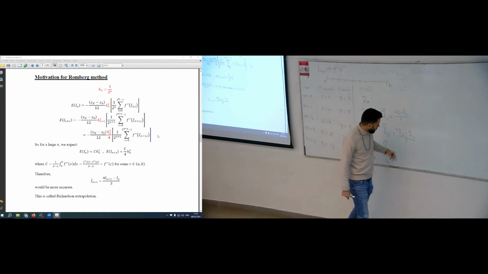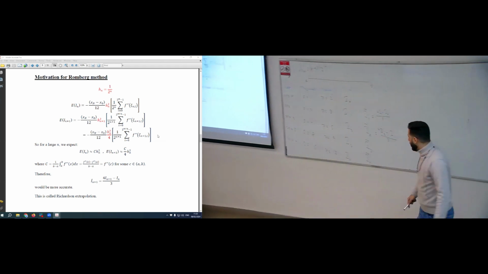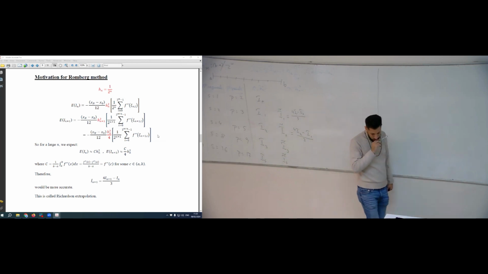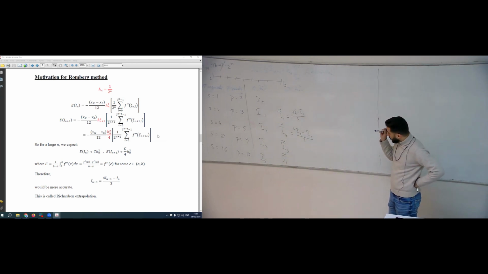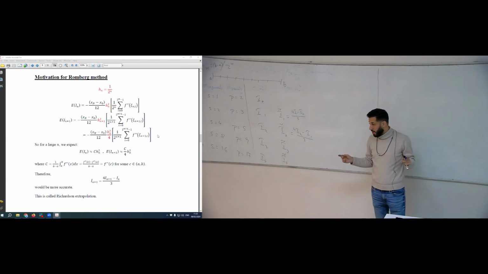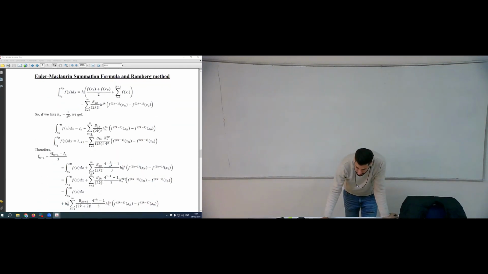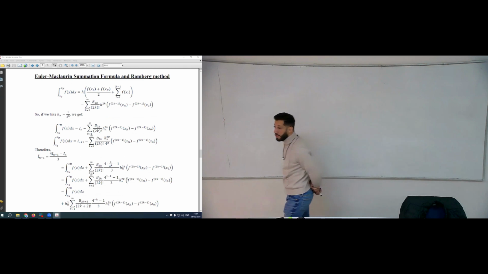Okay. So now we know that there is another formula that is better than this, if we already have this. This is the motivation, and now we will see how we can prove it in a better way. But we will prove it using some formula that we didn't prove.